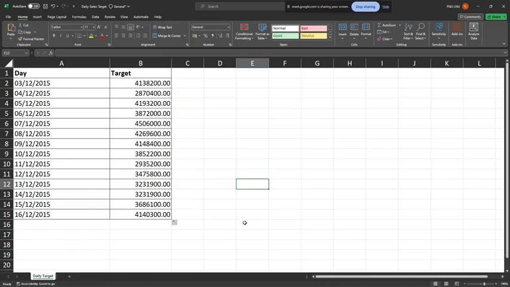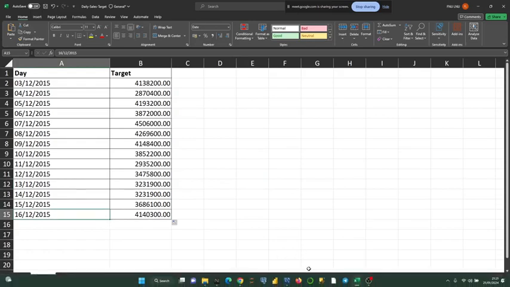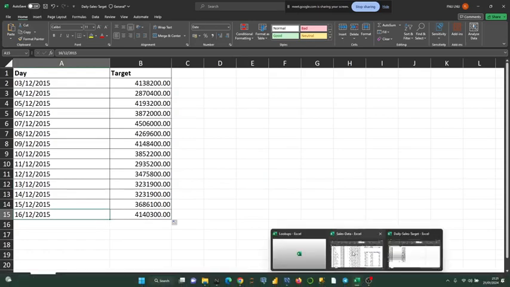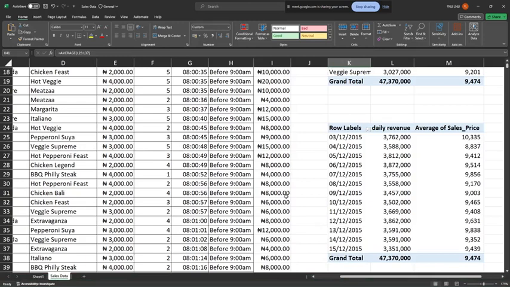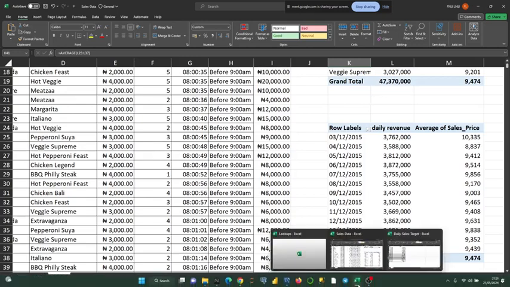Are you with me, everyone? This is the daily sales target. Then I have the target for 16th of October. But on my sales table, there is no 16th. There is no 16th. But there is 16th on that other one. Do you understand?